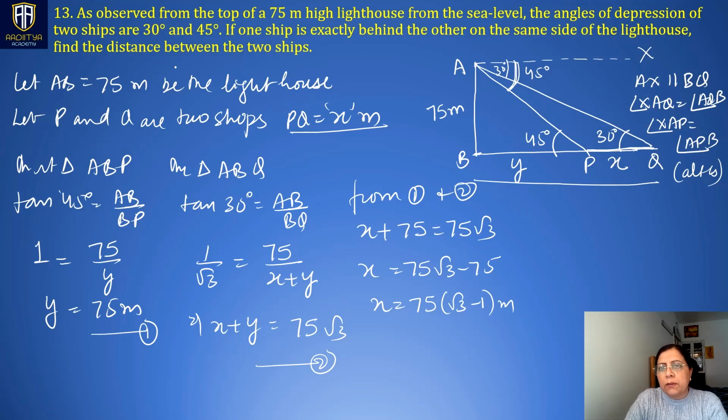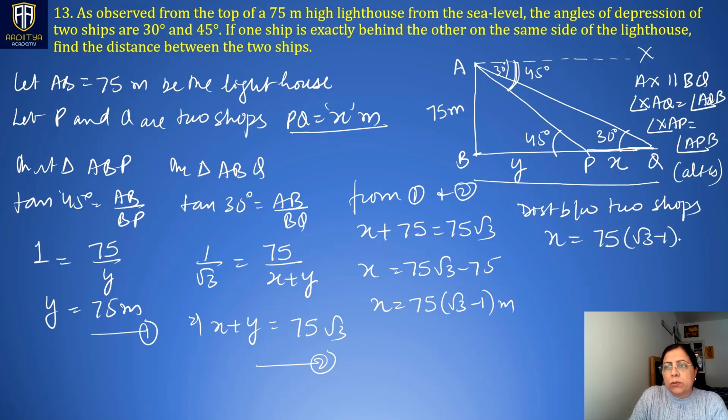Right, we had to find the distance between the two ships. So distance between two ships is equal to X is equal to 75 in bracket root 3 minus 1 meters. Right.